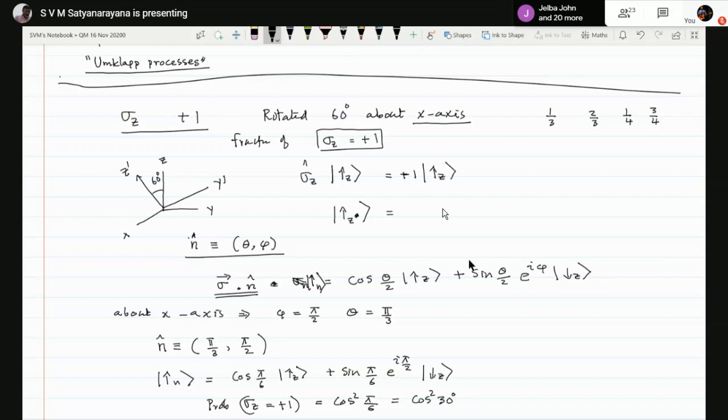Cos 30 is what? Root 3 by 2. Then 3 by 4, sir. Cos square 30 is 3 by 4.